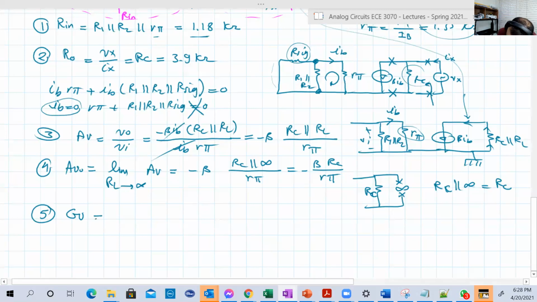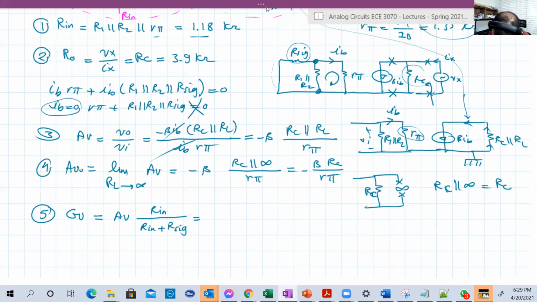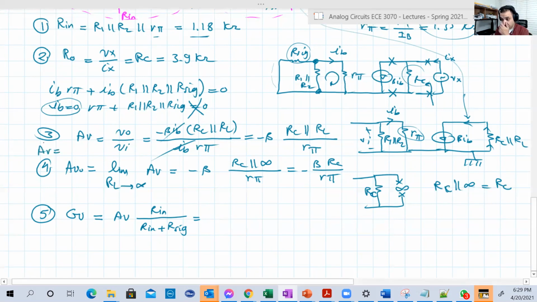GV is equal to AV times R input over R input plus R signal. So we know R input, we know R signal, and we calculated AV. So AV here is equal to minus 97.67.